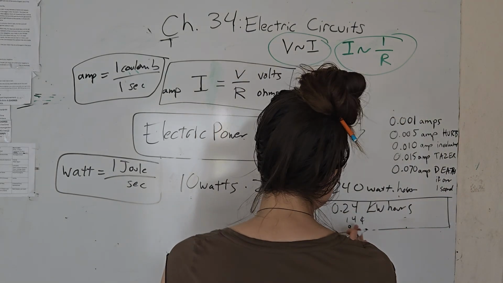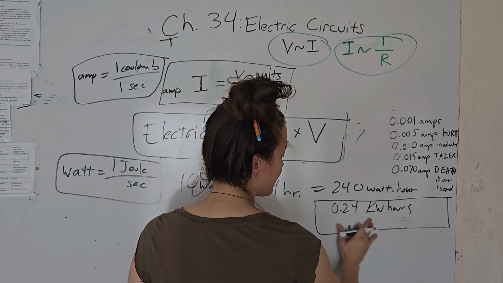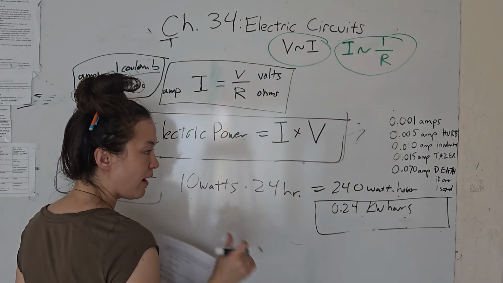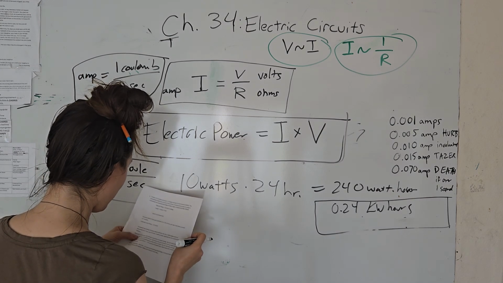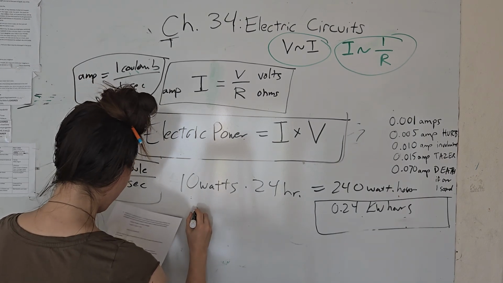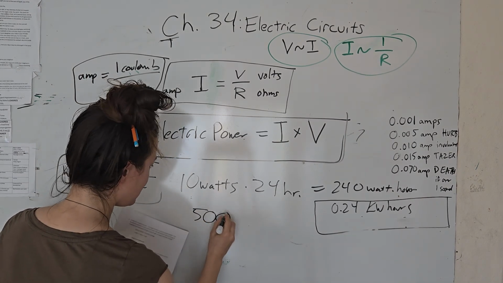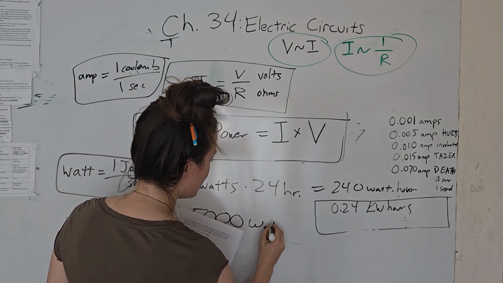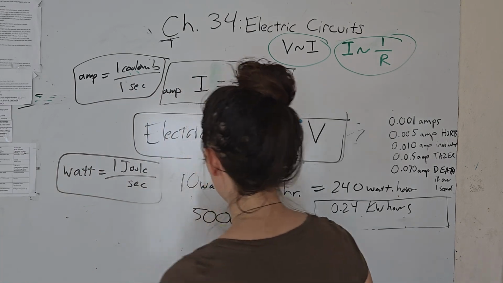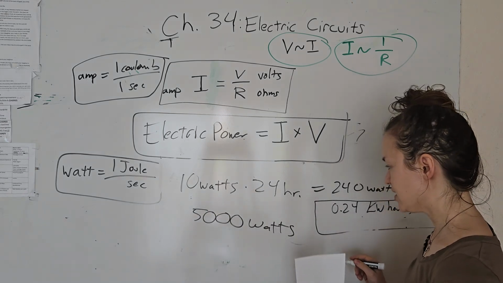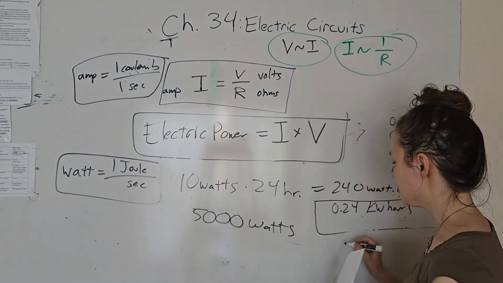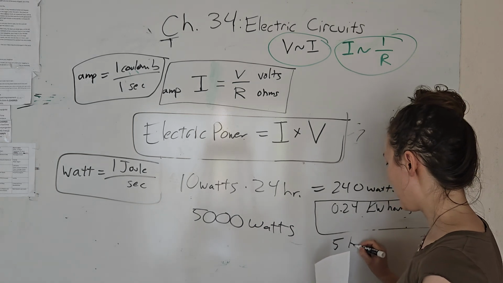Well, basically, you can see I use 0.24 kilowatt hours leaving that on 24 hours. If I run the dryer, let's see how much that uses. If I run the dryer, I use somewhere around 5,000 watts in 1 hour, okay? So I run the dryer one hour, I used 5,000 watt hours, so I've used 5 kilowatt hours.